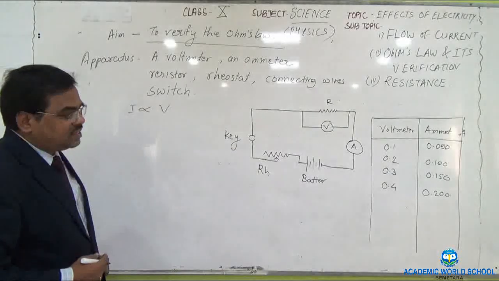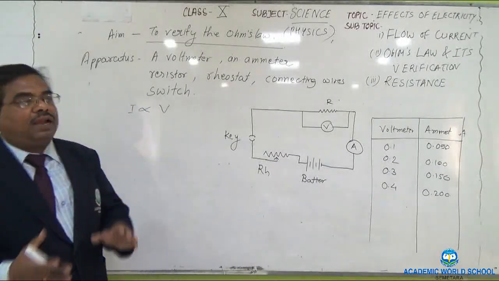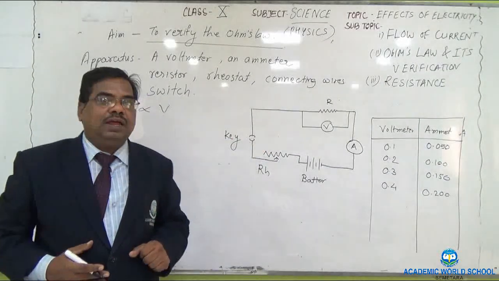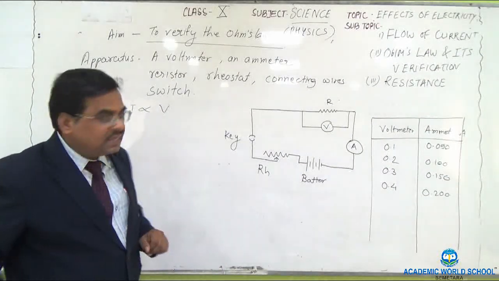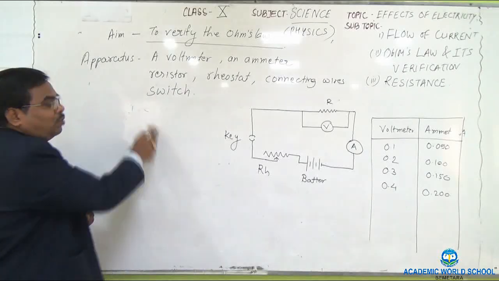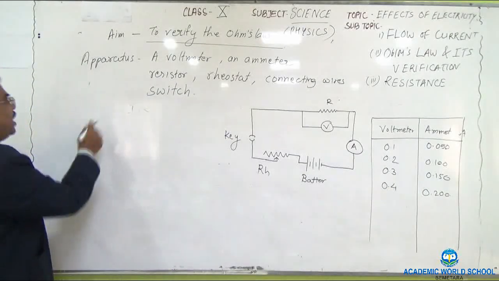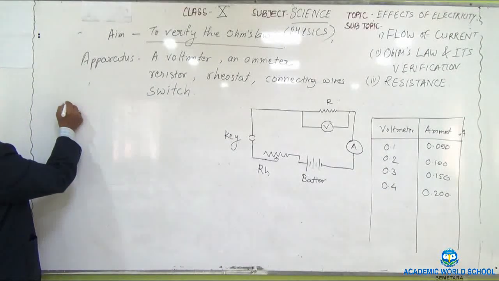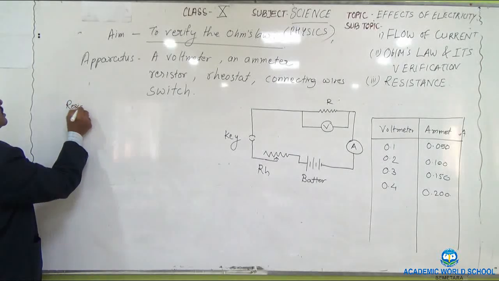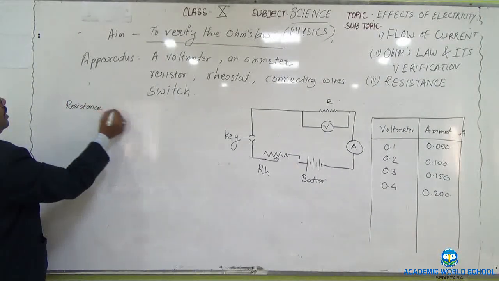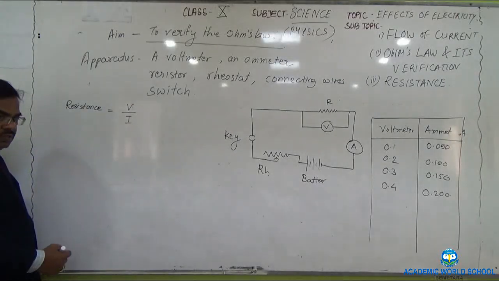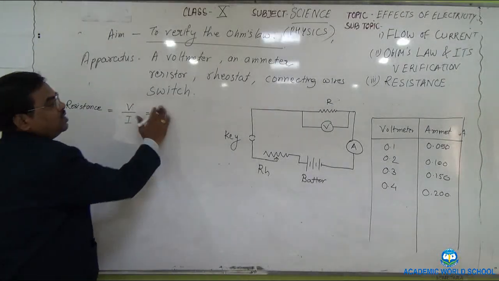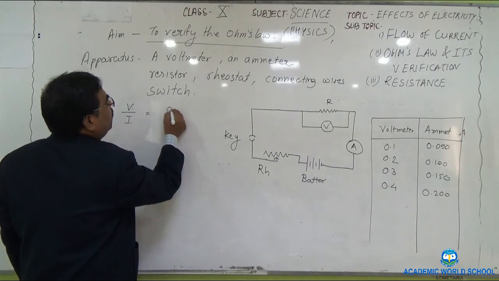Now the next thing is we have to plot a graph with these values, and also we can calculate the resistance in each case. How to calculate the resistance? As you all know, resistance is the ratio of V and I. So let's see what is the value of V here.